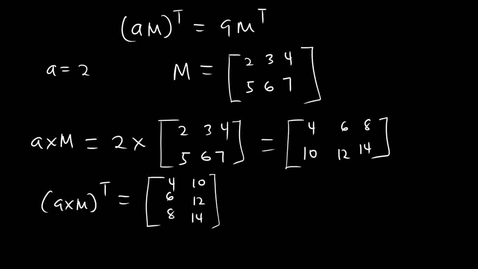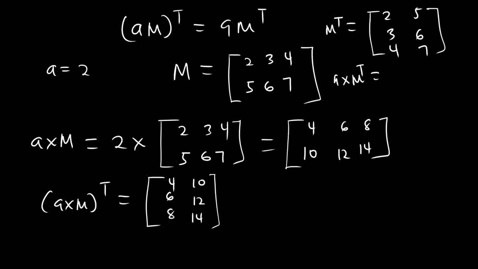Okay, so let's find the transpose of the matrix M. The transpose of the matrix M, we are going to have 2, 3, 4, and then 5, 6, 7. Okay, so let's multiply this transpose by the scalar A. So A times the transpose of the matrix M. A is 2.